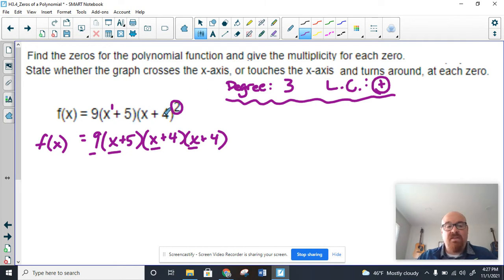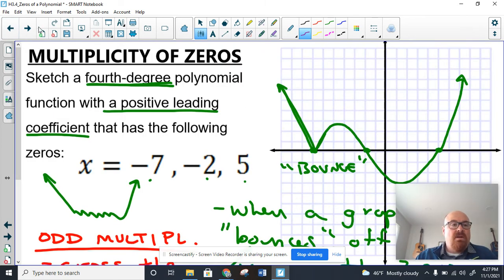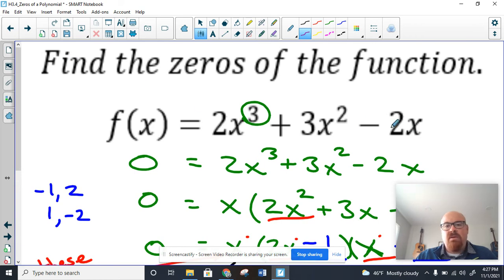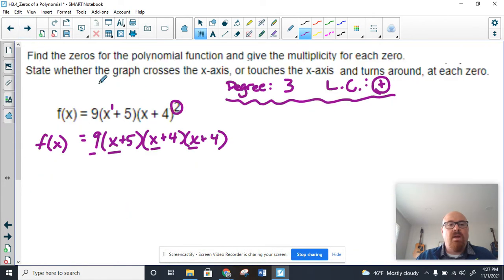If you're ever asked to identify the degree, don't just jump immediately to the first exponent that you see. When you have the general form, where it's not in factored form, you can say, yeah, the degree here is 3. But when they're writing the factors like so, you kind of have to think about what that would look like if we multiplied and distributed, FOILed everything together there.